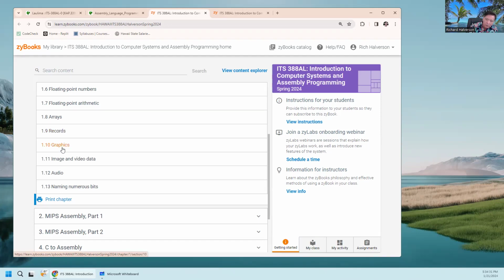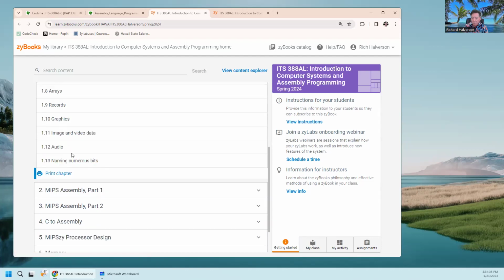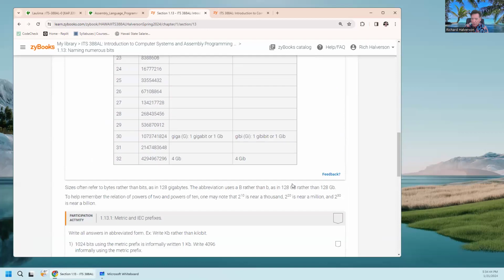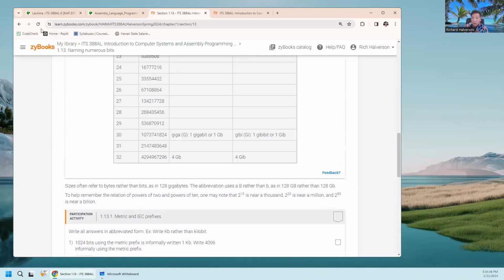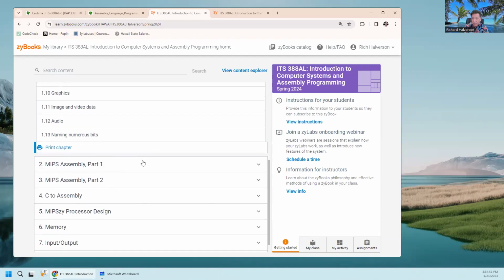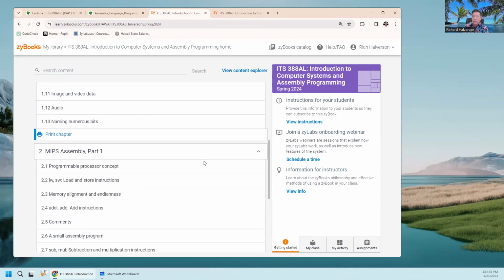And then how graphics are represented in memory, and image and video and audio. And then kilobytes, megabytes, and so on. Explains that here.